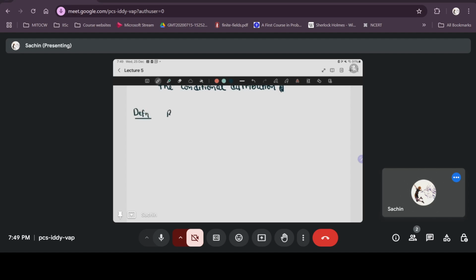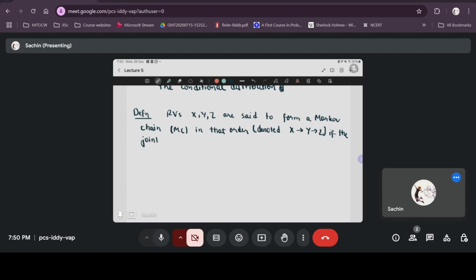So definition: random variables x, y, z are said to form a Markov chain in that order, denoted by x, y, z, if the joint PMF can be written as P of x comma y comma z is equal to P of x times P of y given x times P of z given y.